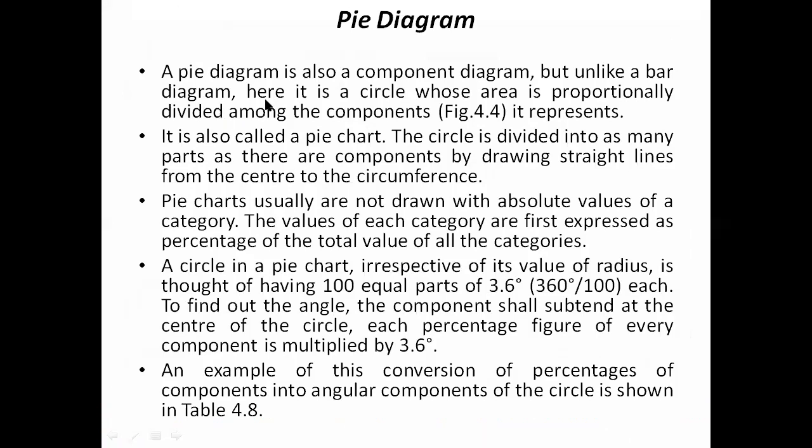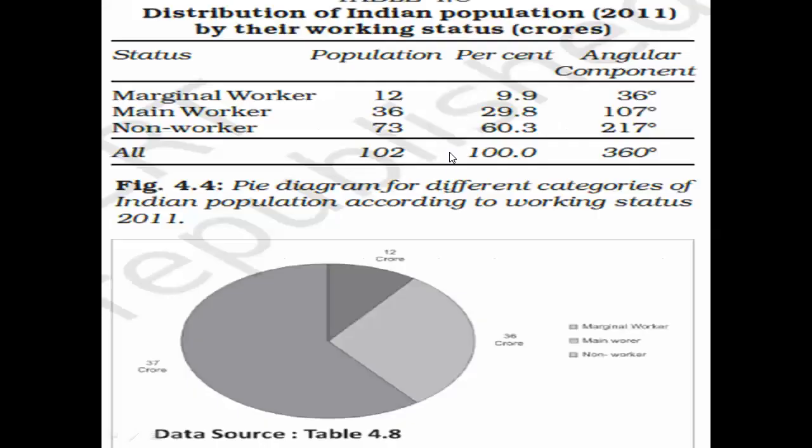The pie diagram is also a component diagram, but unlike a bar diagram, here it is a circle whose area is proportionally divided among the components, right? It is also called a pie chart. You can see here the pie in the circle, and the different things have been mentioned.